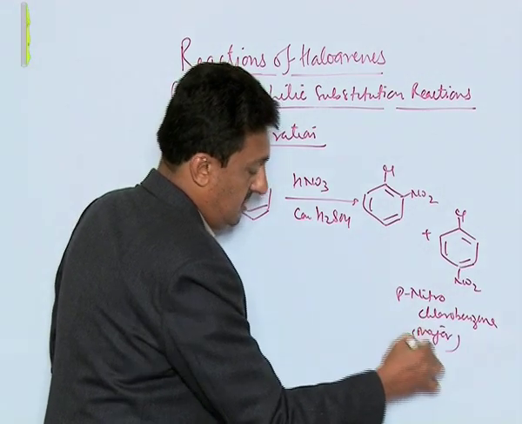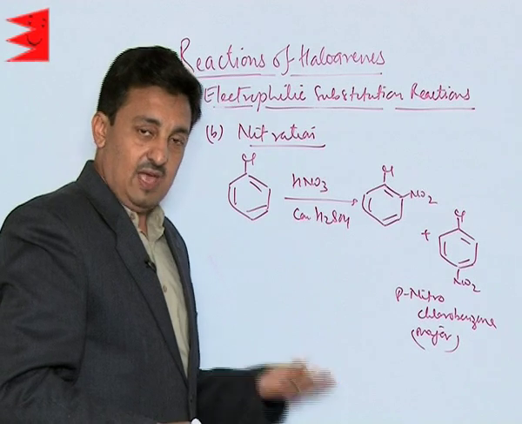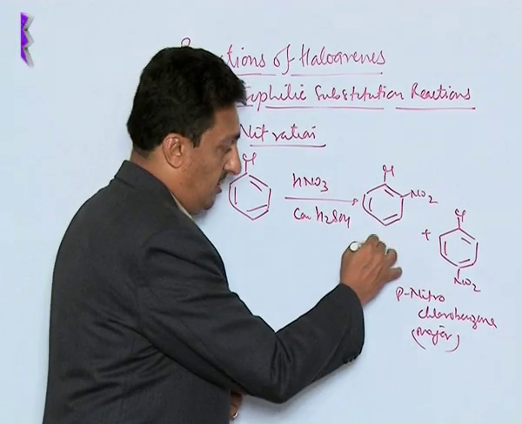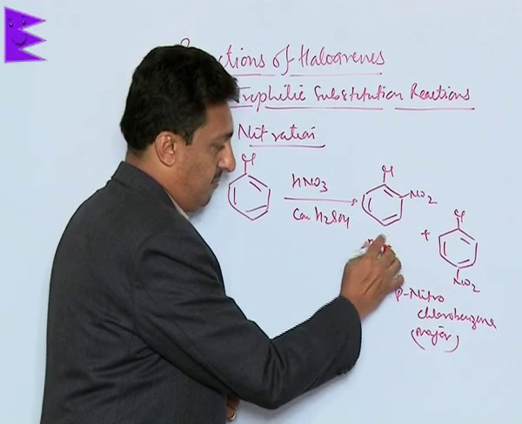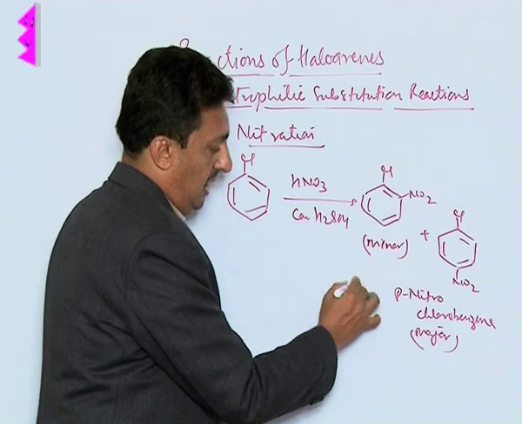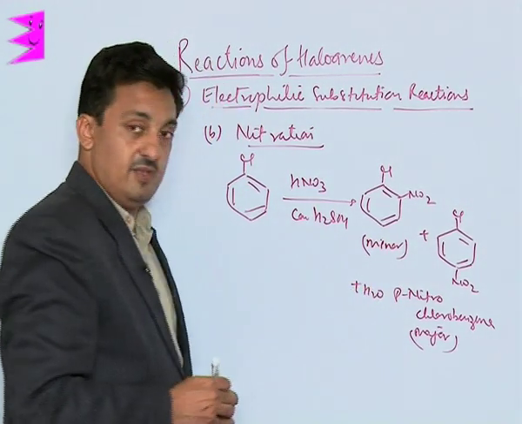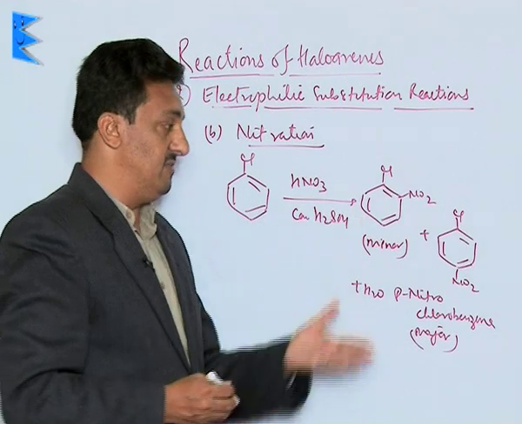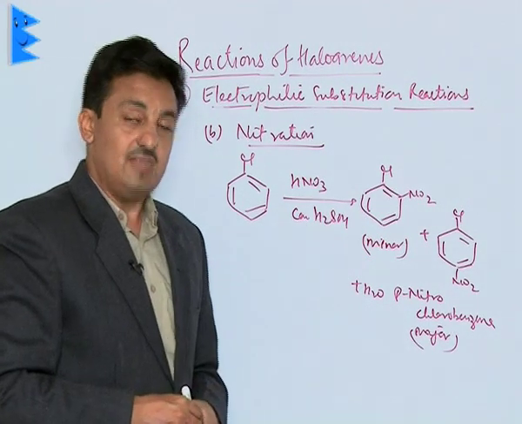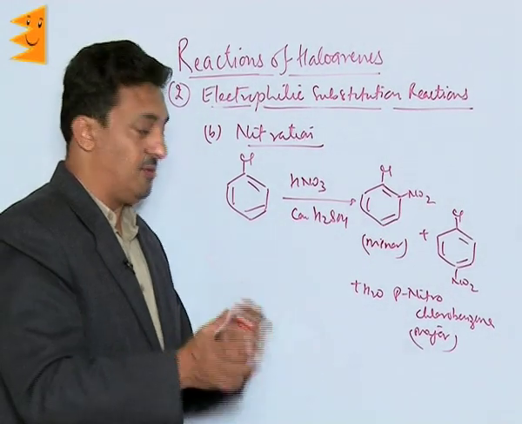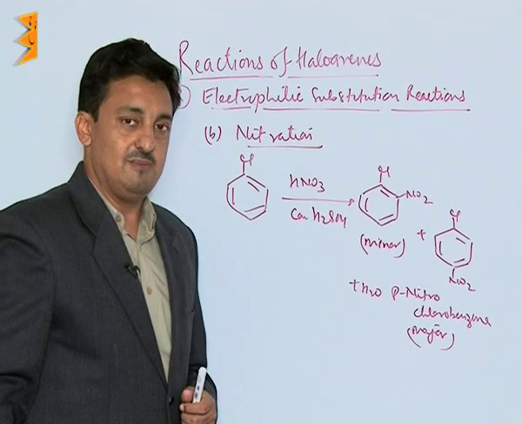Of course, para will be the major product as usual due to symmetry, and your ortho will be the minor product. Along with this, we get water. So this is nitration, with the help of which we are able to introduce the nitro group at ortho and para positions, and both the products are formed. Of course, the para one is major.